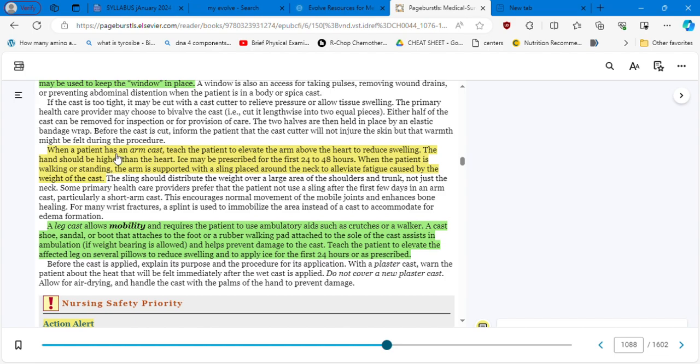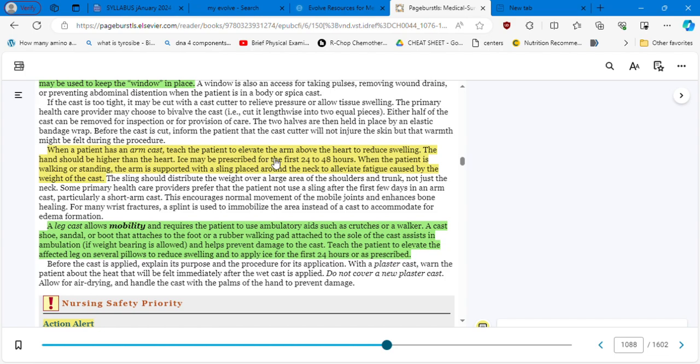When a patient has an arm cast, teach the patient to elevate the arm above the heart to reduce swelling. This above the heart is used in many procedures and in many protocols in the musculoskeletal traumas, right? The hand should be higher than the heart.